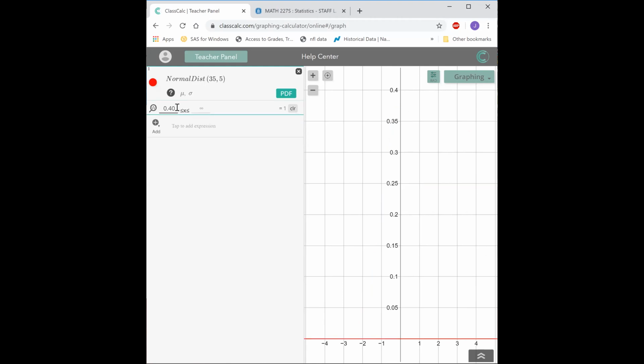Now my lower bound will be 37, and your upper bound will be positive infinity. And if you look at the answer it gave us, it should be exactly the same thing: 0.3446.